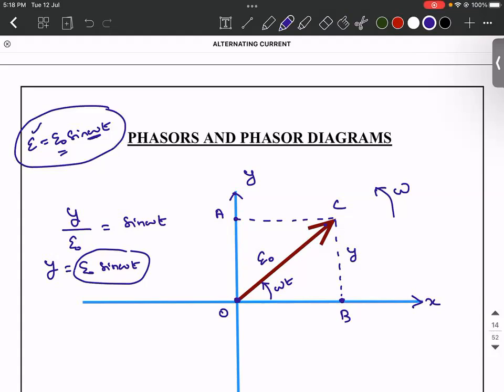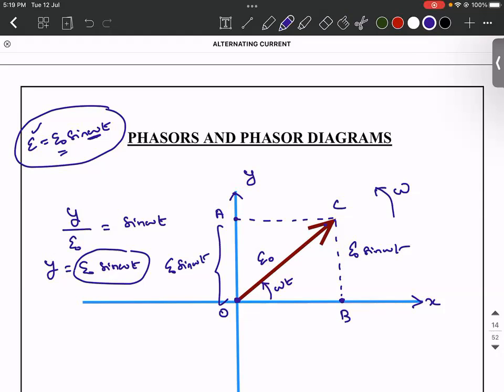Is it not the instantaneous value of EMF? Now read that statement. Does it make sense? The projection of the phasor onto the coordinate axis gives you the instantaneous value. So this y is what I call E naught sine omega t. So this distance is also E naught sine omega t.